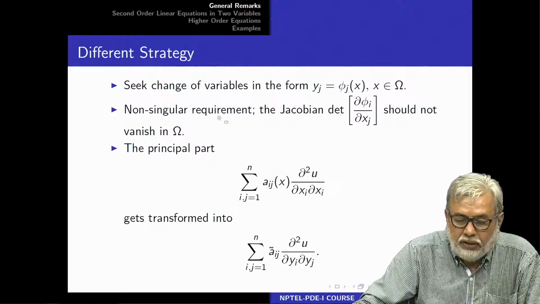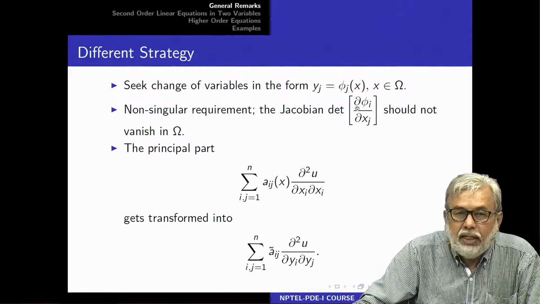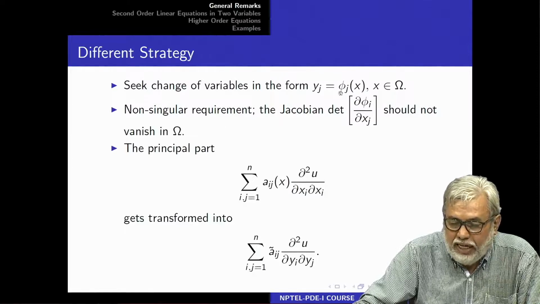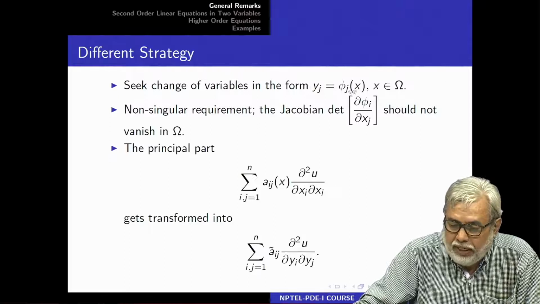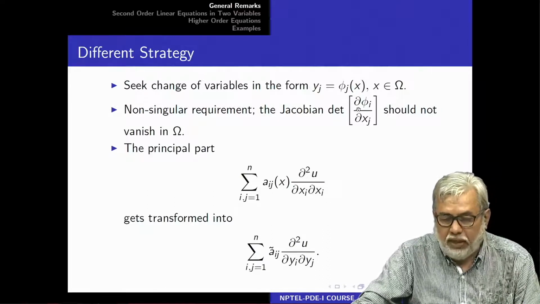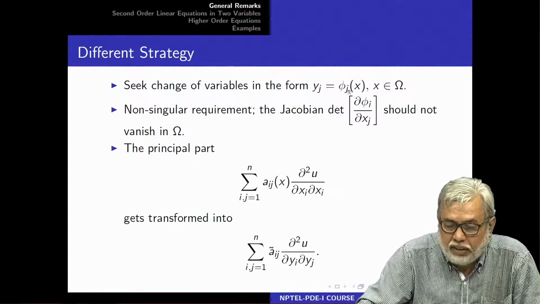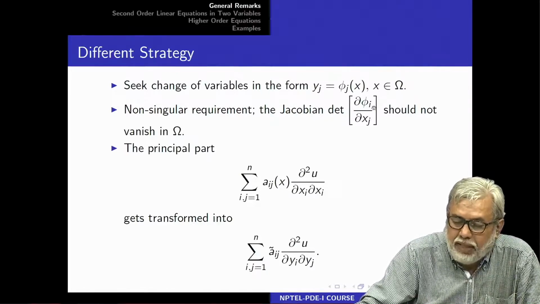So, here the non-singular requirement means the Jacobian of this transformation, namely the determinant of del phi. Each phi_j is a function of x_1, x_2, ..., x_n, so we are in the n variable situation. You consider the first order Jacobian matrix of this transformation, namely del phi_i by del x_j, and then you take the determinant of that.